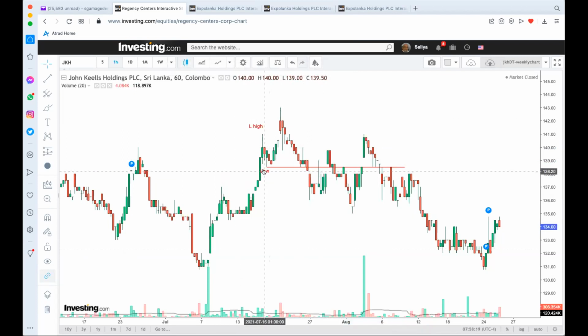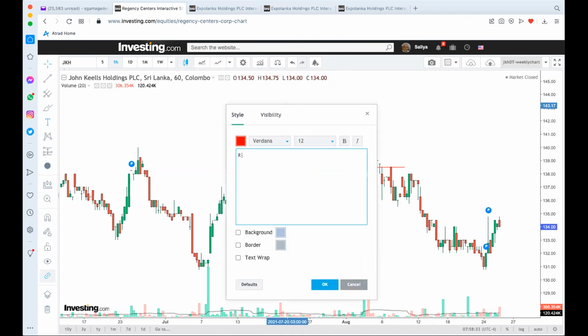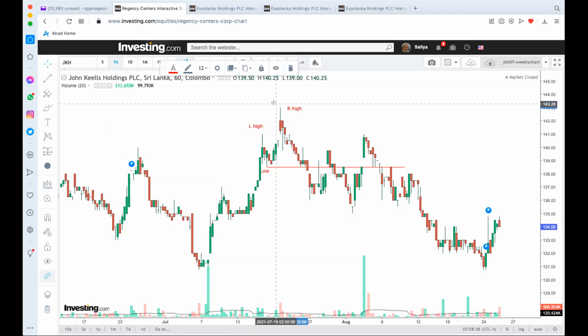That's the low. Once that is spotted and we have marked it there, then it goes up, making the right high. Okay. Then the prices after that swing high come down.